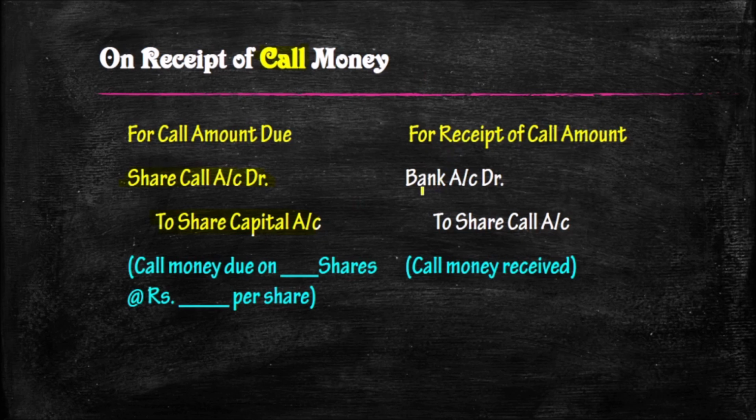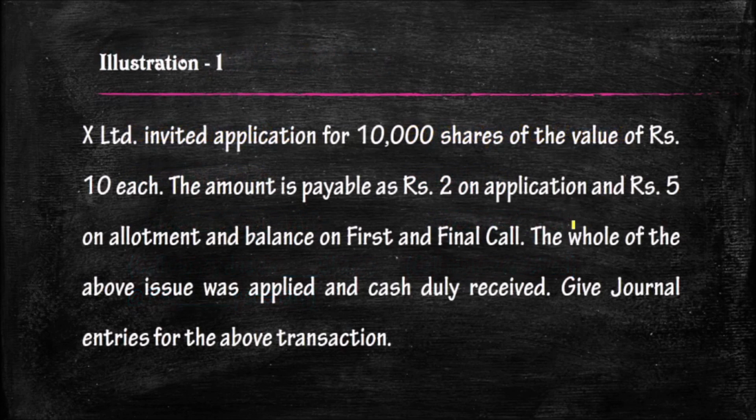Whatever the number of calls, it will change accordingly. So when we receive the call money, the remaining installment money, bank account debited to share call. That is the entry. So my dear students, these are the common entries we have to remember for writing journal entries in the books for the issue of shares, raising capital through the issue of shares. So please remember the different steps.